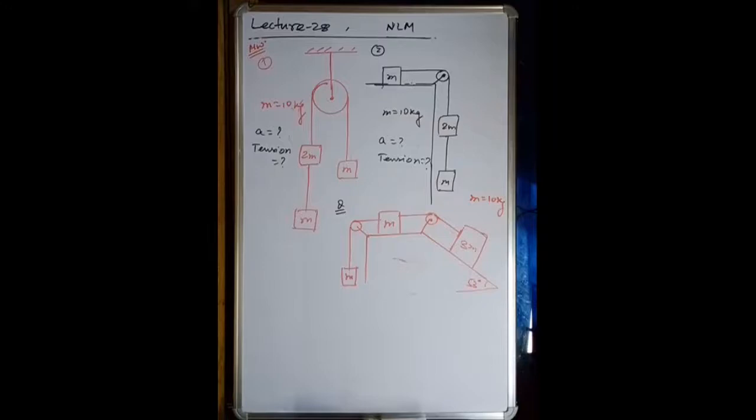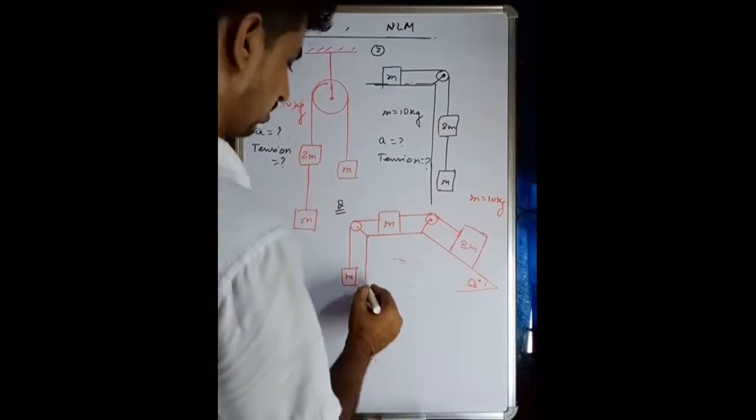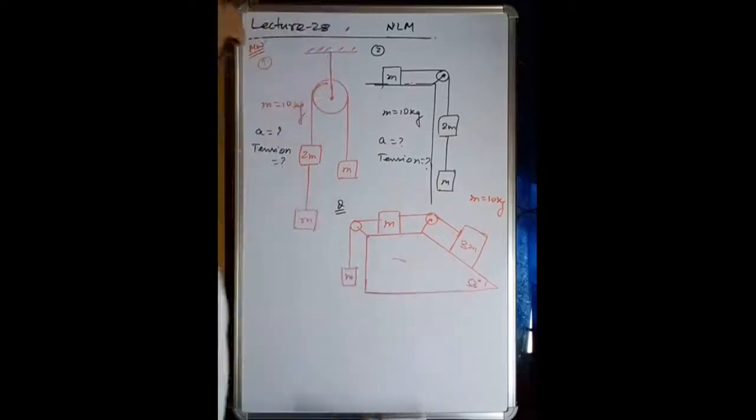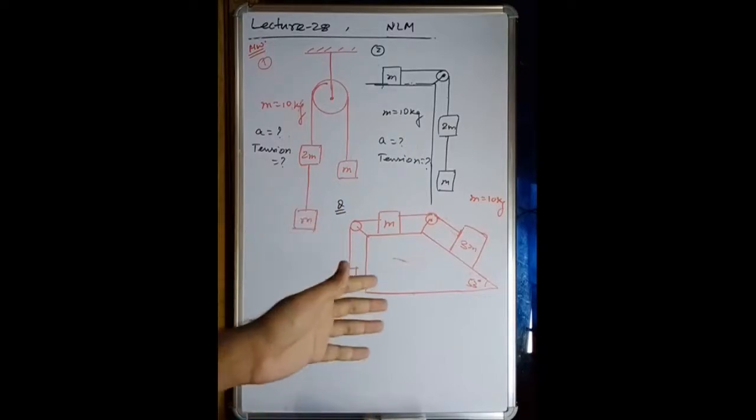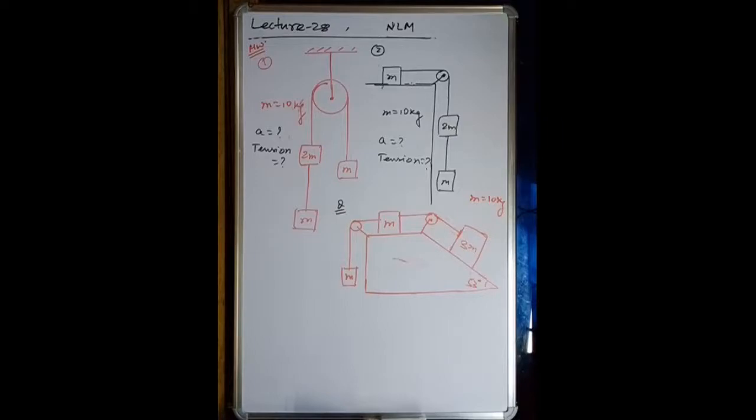What you have to find: acceleration of the system, tension in each string. If you can solve, pause the video and try to solve this question. Stop the video for a few seconds and try to write the equation. At least you can compare with the result I get. So pause the video and try to write the equation.